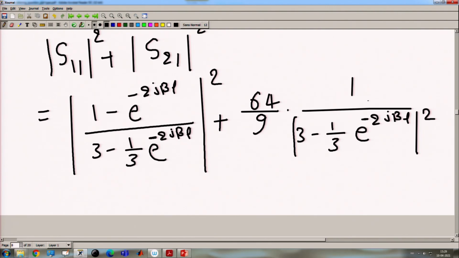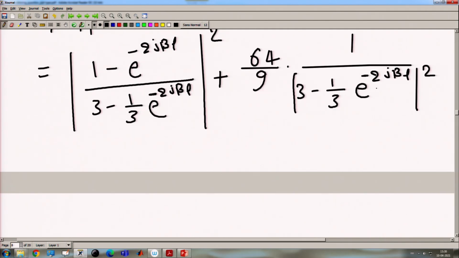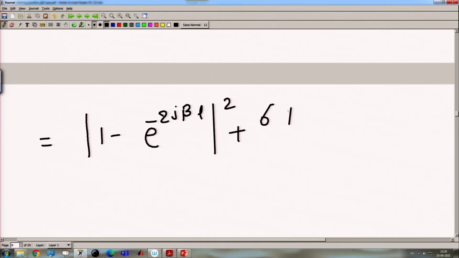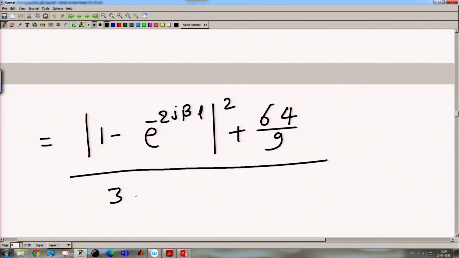After this, in the denominator both are same. So, we can write this expression as mod of (1 minus e to the power minus 2 j beta L) whole square plus 64 by 9, divided by mod of (3 minus 1 by 3 e to the power minus 2 j beta L) whole square.